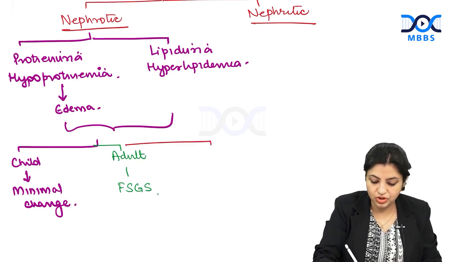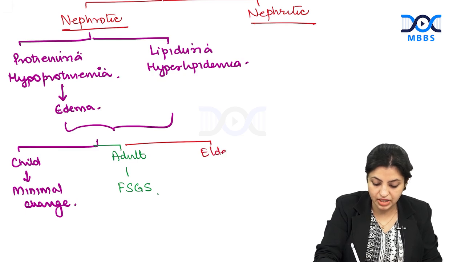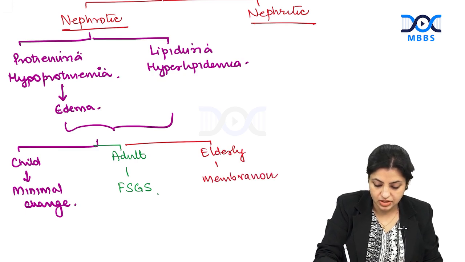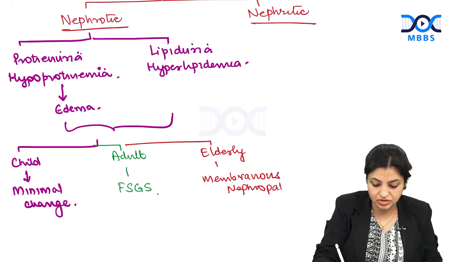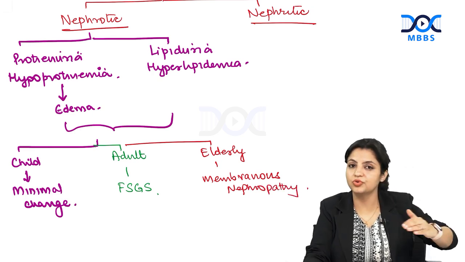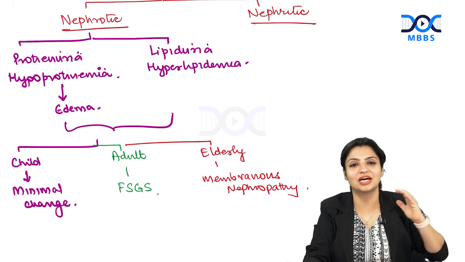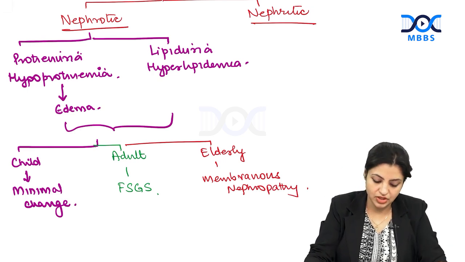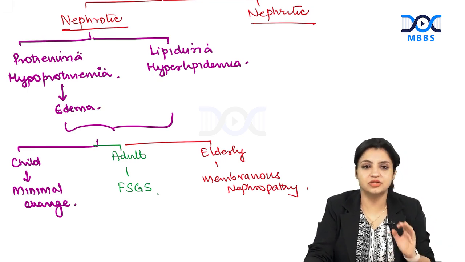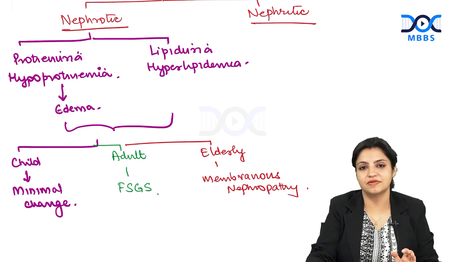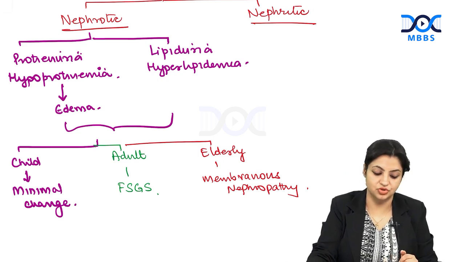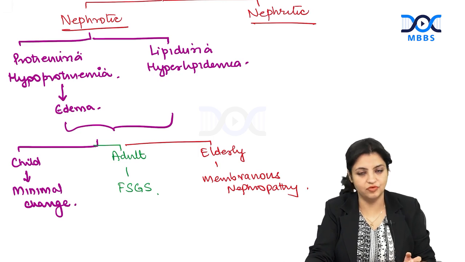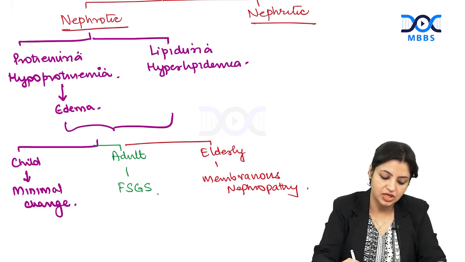And the most common cause of nephrotic syndrome in the elderly is membranous nephropathy. So, they present with the syndrome complex of proteinuria, hypoproteinemia, lipiduria and hyperlipidemia. In a child, if this is occurring, think of minimal change. In an adult, it is FSGS. In the elderly, it is usually membranous. Of course, their morphological features are different in each of them.